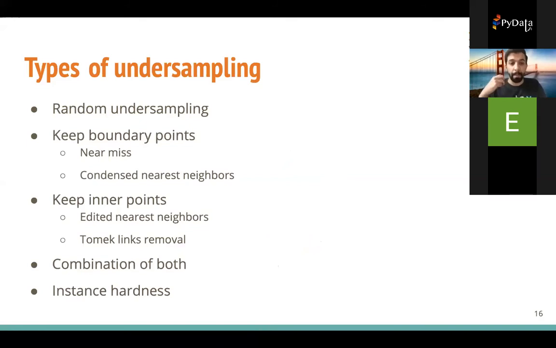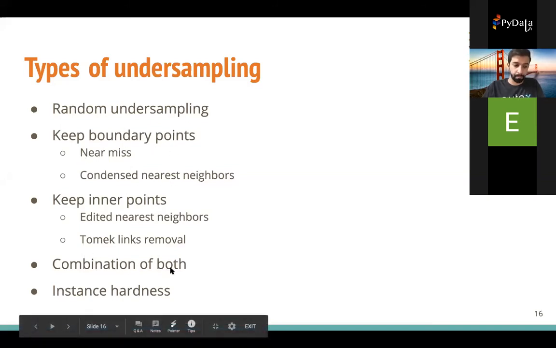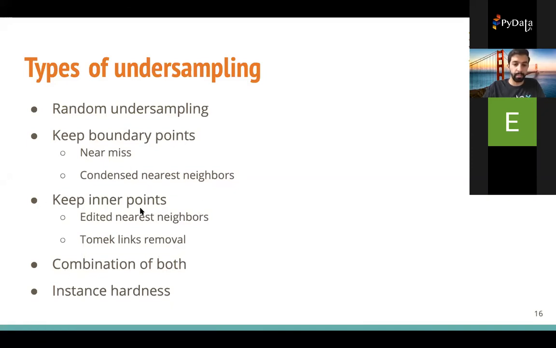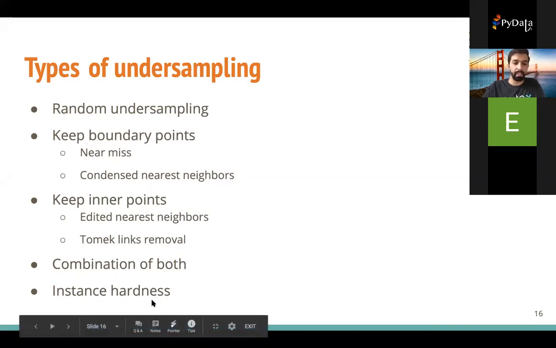If you think the boundary points in your data set are noisy, you might want to keep the inner points, like these ones. If the inner points are easy points and you want the model to focus on the tough points, which are the boundary, the near miss and the condensed nearest neighbors might be better. There are also methods that try to combine both of these types. And finally there's instance hardness, which is a different class of its own.